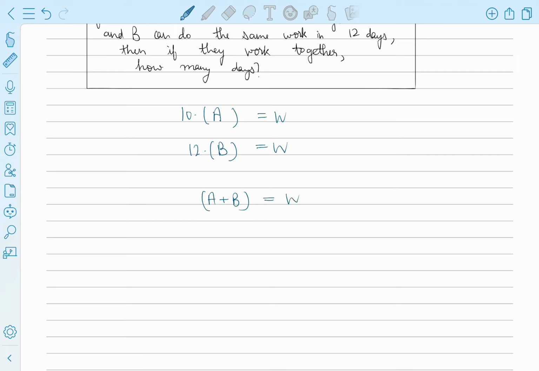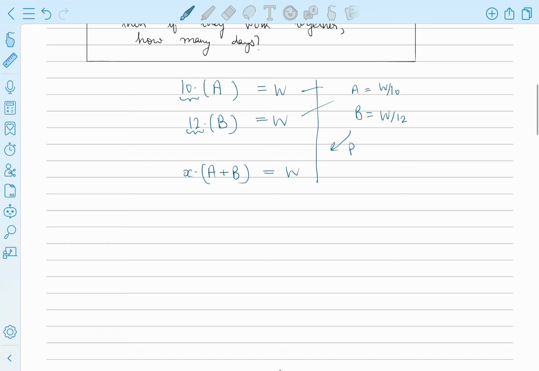Now what I need here is X, because always the coefficient is the number of days, right? So the coefficient here also would be days. Now I would solve these two equations to find the values of A and B. A would be work by 10 and B would be work by 12, right?